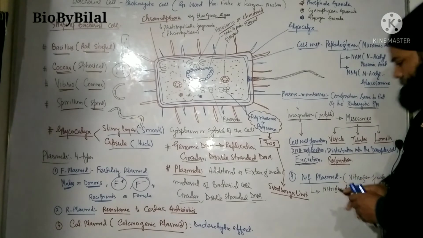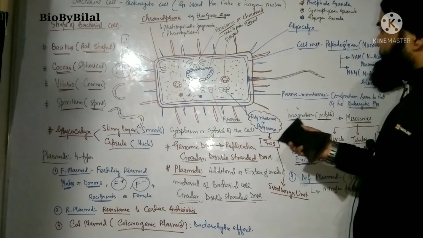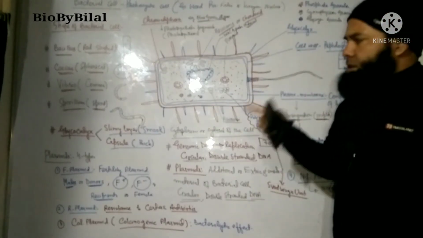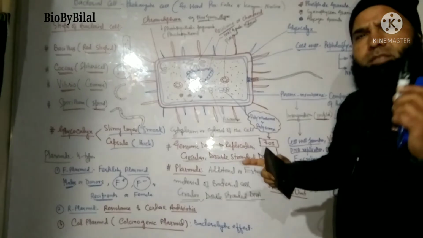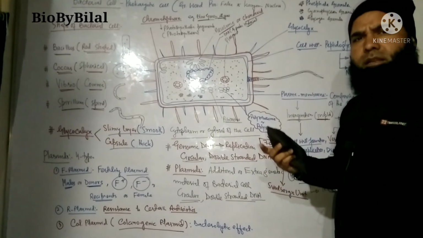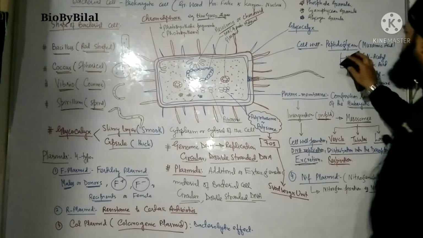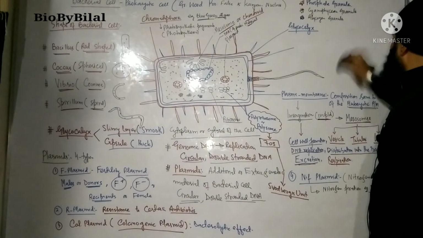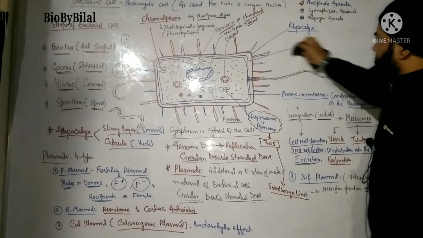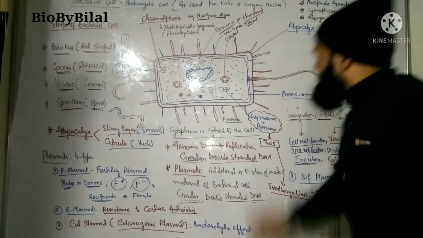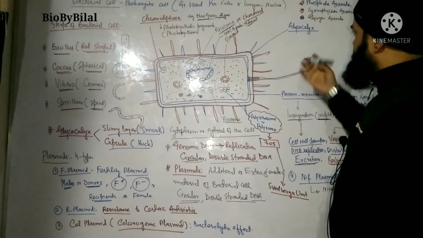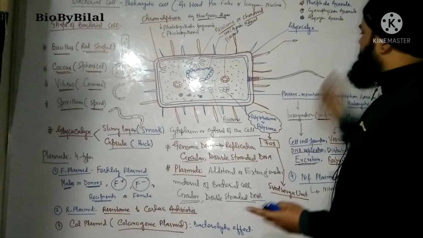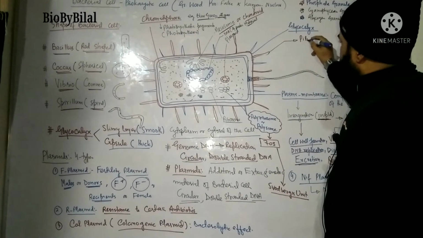Then I want to talk about the outer surface, that's called the glycocalyx, which contains two structures. One is called a pila or pili, and the second structure is called the fimbriae. I will mention here these points. As far as this red structure is concerned, it is to be called the pilus.